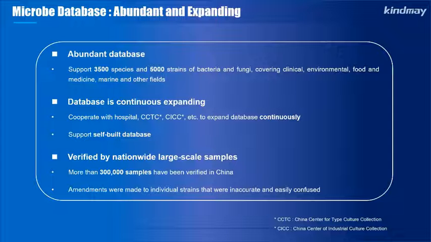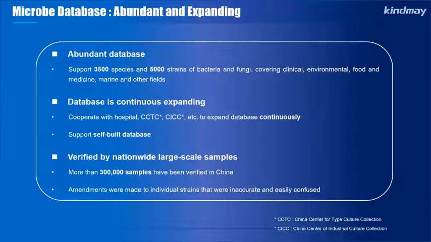And this is the microorganism database. As we know, it is a key component of MALDI-TOF, and the bigger the database is, the more unknown microorganisms can be identified. Our database is abundant. It already includes 3,500 species and 5,000 strains of bacteria and fungi.